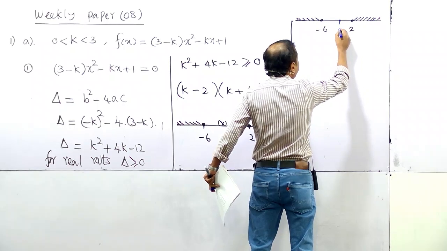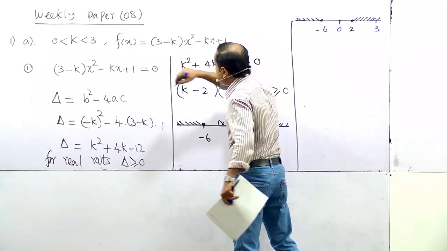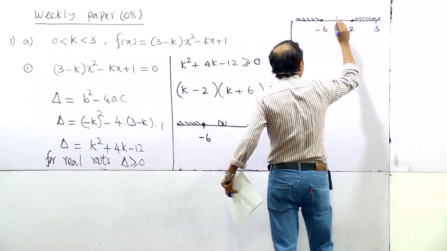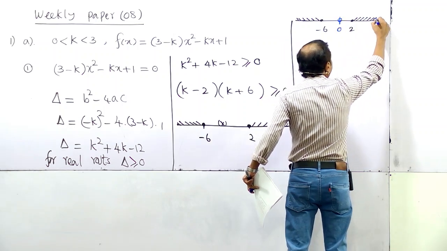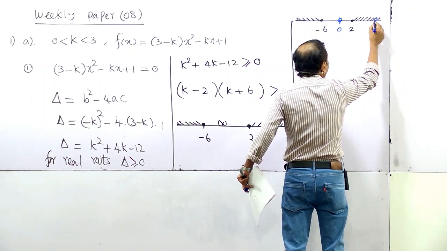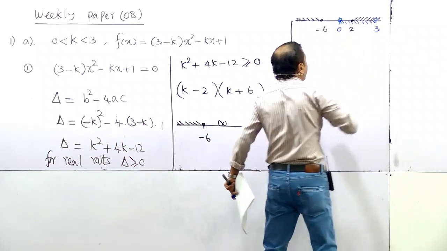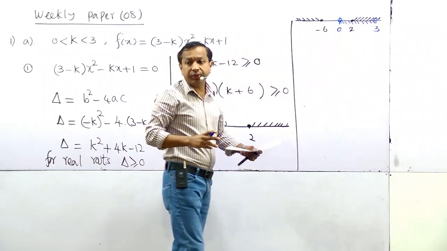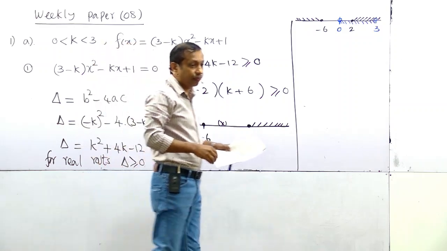Suppose 0 here, 3 here. k doesn't take both 0 and 3, so circle here and circle here. Now you can color like this here. Now we have to take the common range. What is the common range therefore?